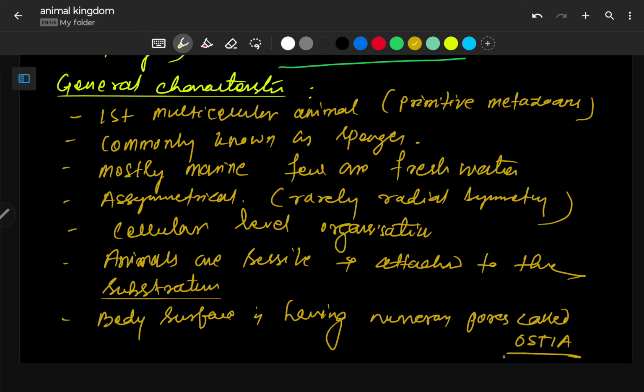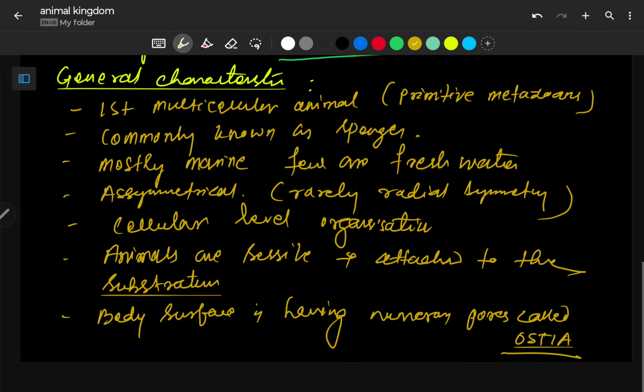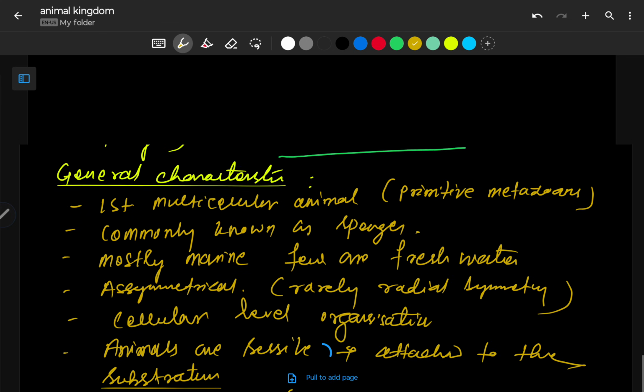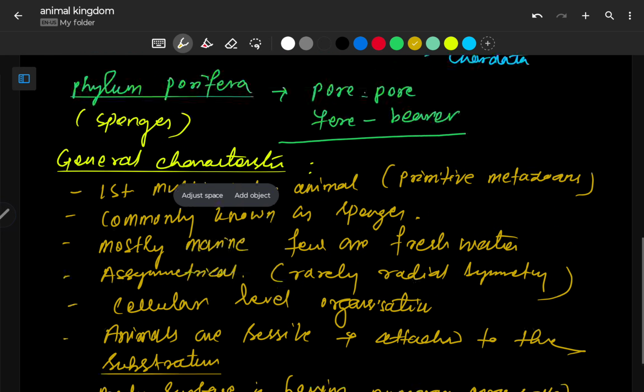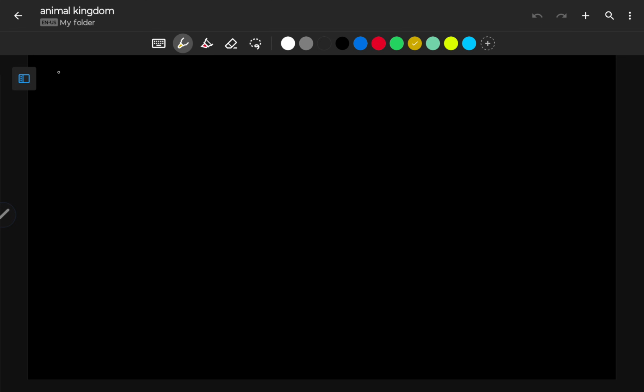Ostia. Okay. Now I have told you that they are mostly marine, but few are freshwater. So what are these freshwater porifera?